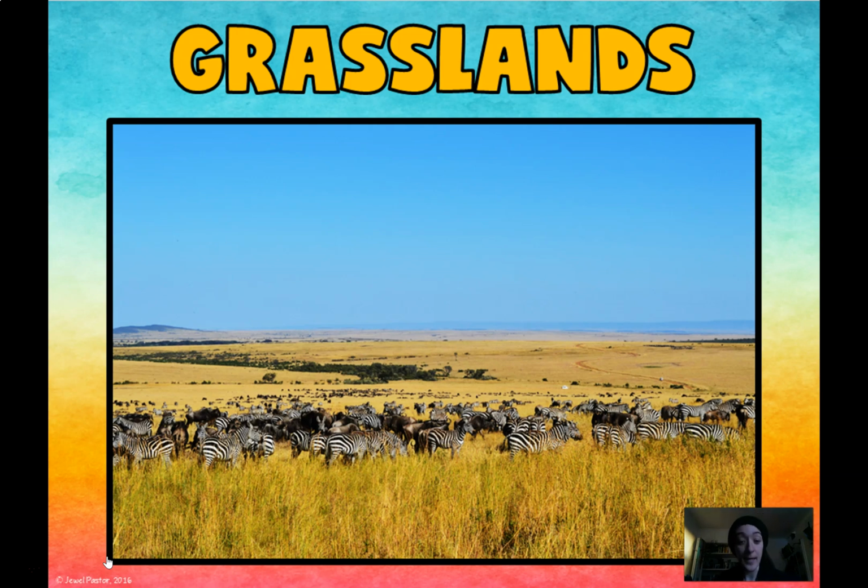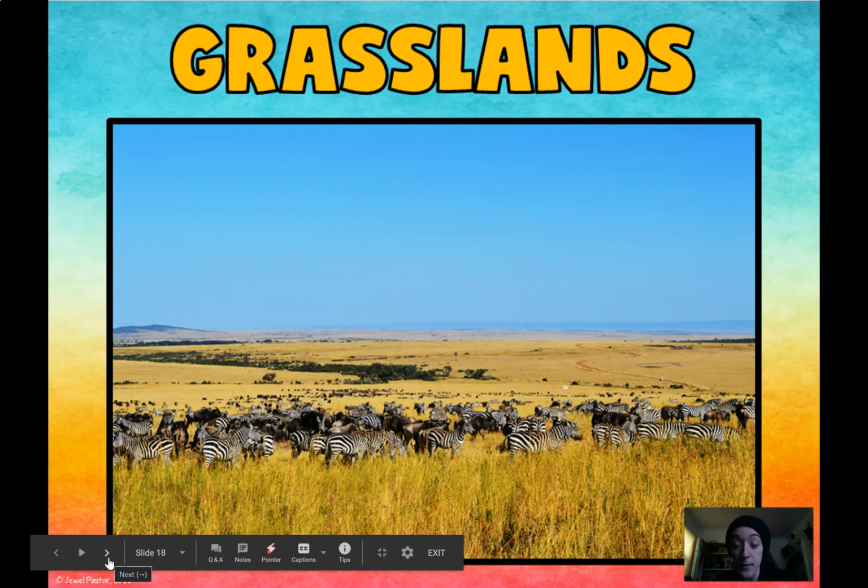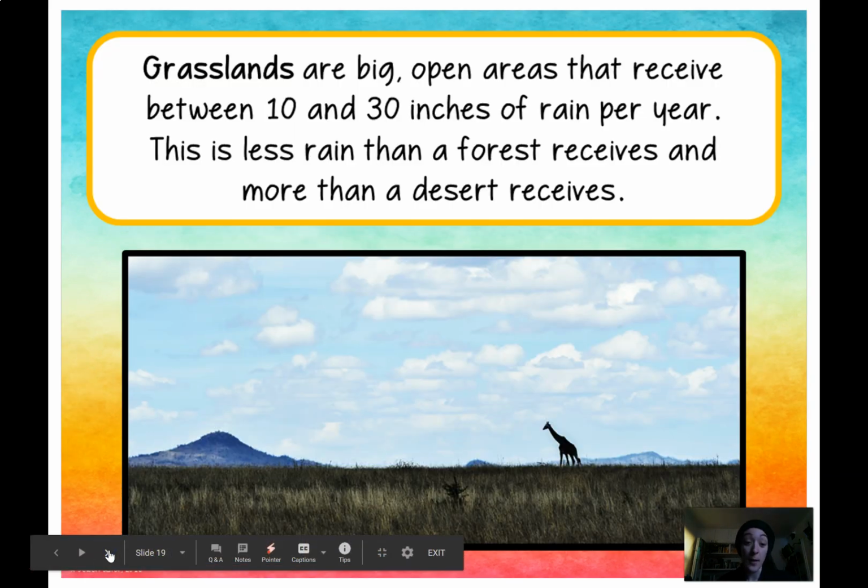Lots of antelope, all those kind of animals, animals with hooves, eat grass. So you often find herds of these animals in the grassland, as well as their predators, right?